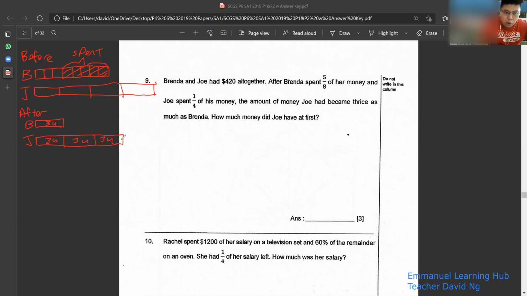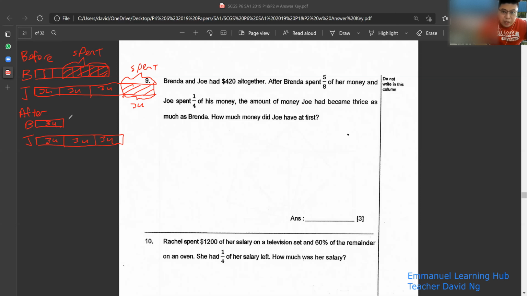So that means this is 3/4 of his money. So 3/4, add another 1/4. This is the part that Joe spent. And each one is 3 units. So there are 3 units here.